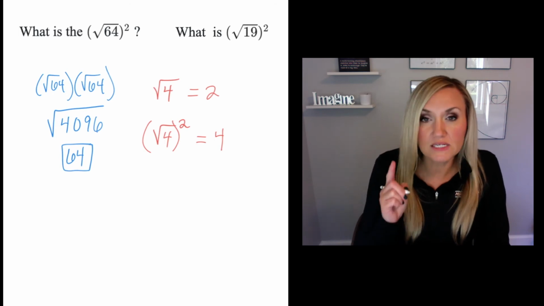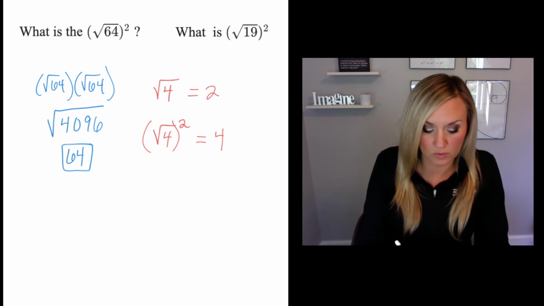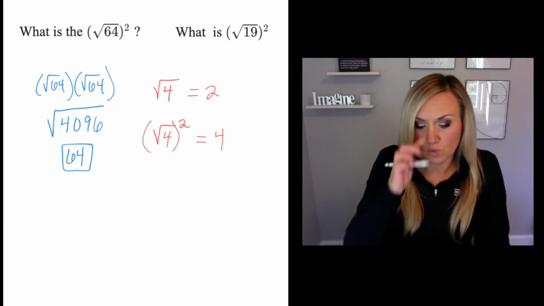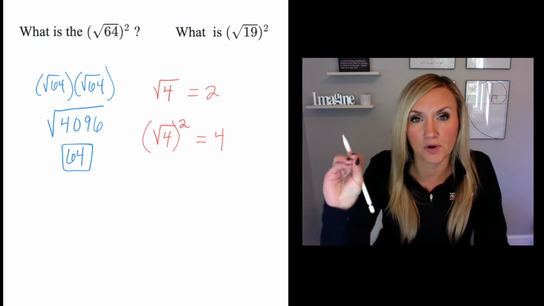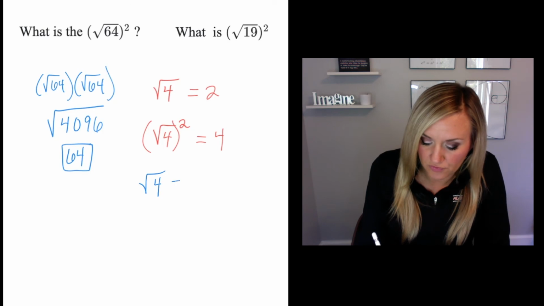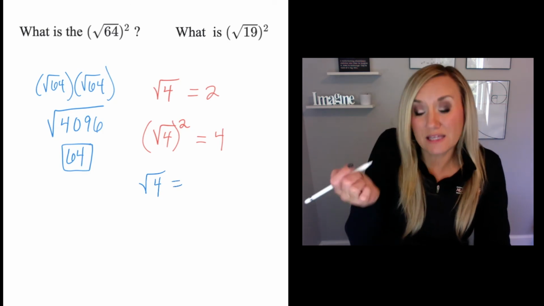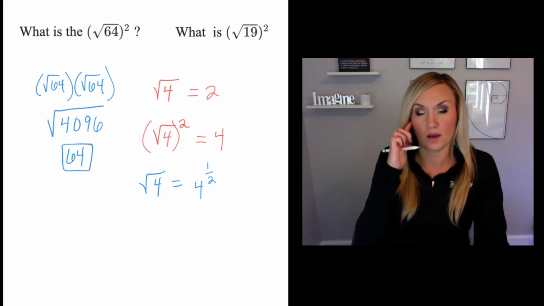Well, whenever we take the square root of something, really what that means is that that number is to the 1/2 power. So the square root of 4 is really like saying it's 4 to the 1/2 power.